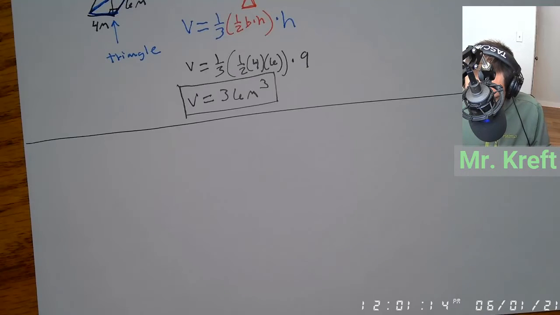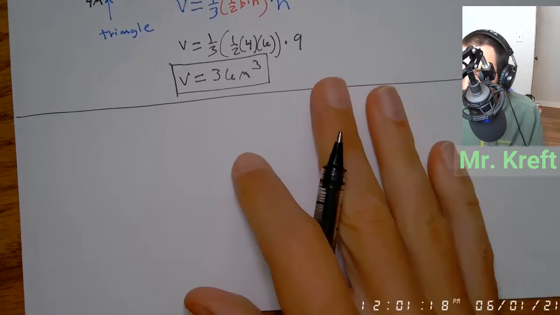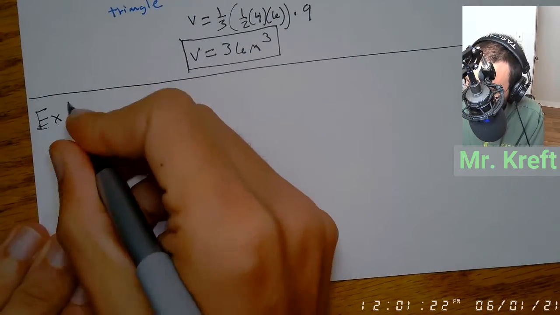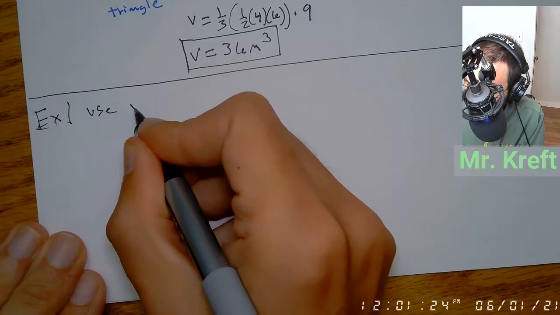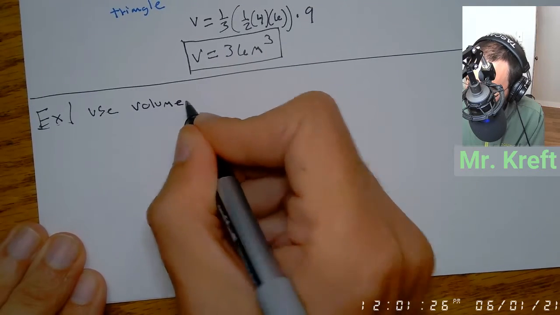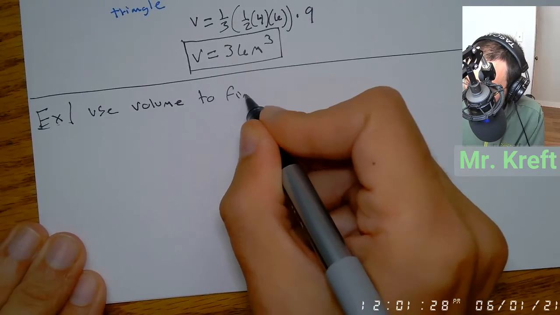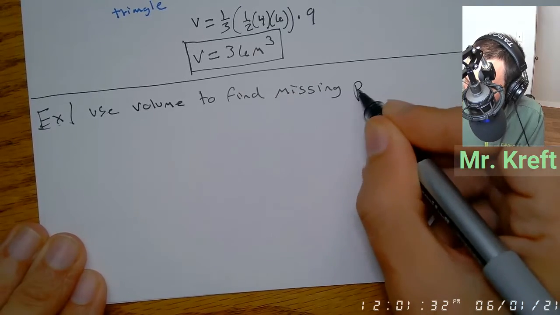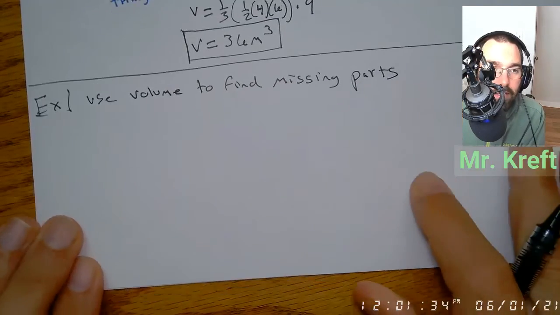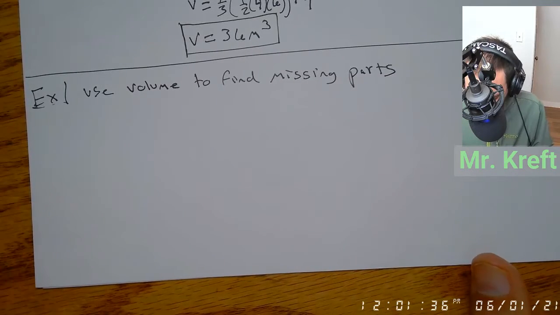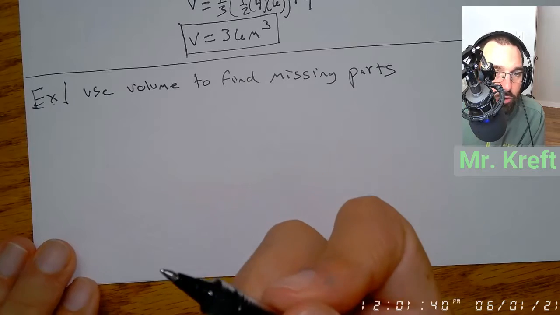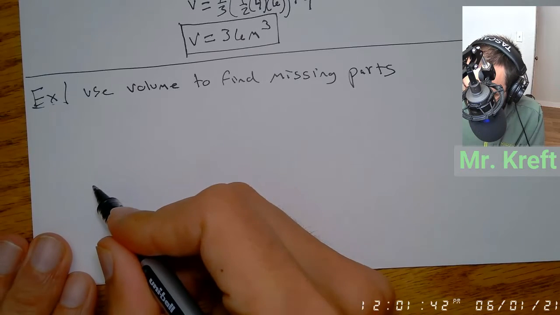Okay, let's take a look at a different one. So in another example, we can use volume to find missing parts. So for example, I'm going to do another triangular pyramid.